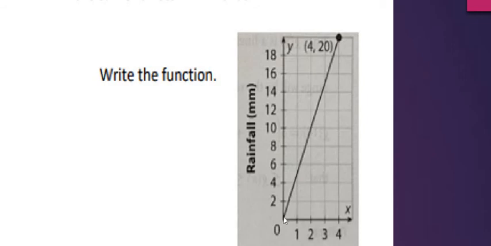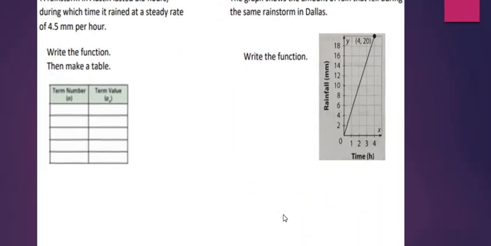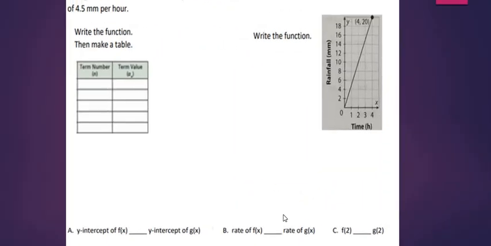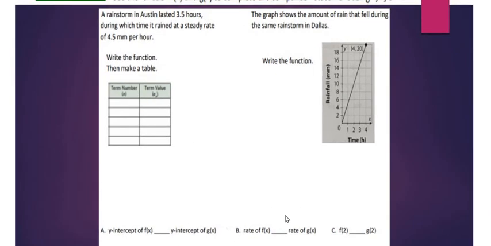It also goes through a corner at 0, 0. So find your slope and the y-intercept and write your function. Once you write your function, you're going to be able to compare this table and this graph. When you write this out, make sure you write m equals and b equals after each one. Identify it, write it out.